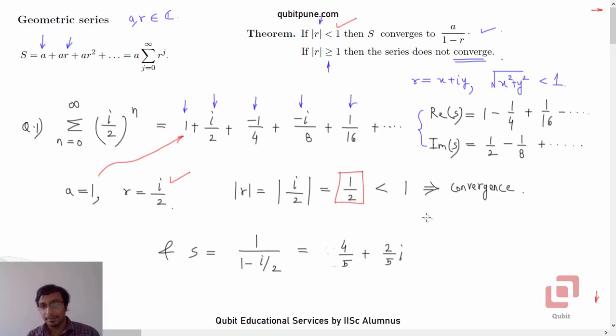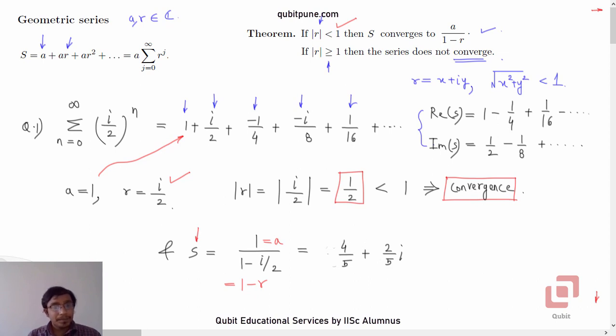So according to the theorem, because the absolute value of the common ratio is less than 1, this infinite series converges, and we can now find the sum S. It is a upon 1 minus r. a is 1 and r is i upon 2. So we are going to get 1 upon 1 minus i by 2. You can simplify this, which will give us 4 upon 5 plus i times 2 upon 5.